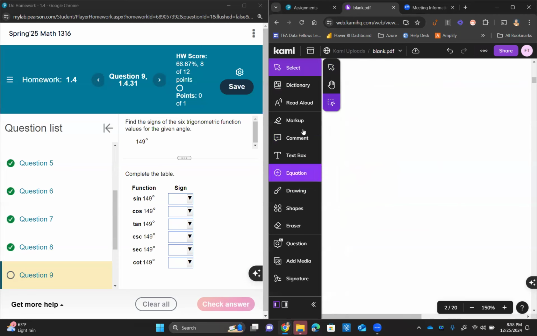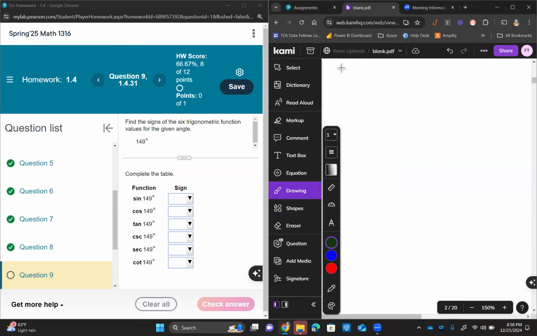So when we think about quadrant 2, because 149 degrees, this is an angle whose terminal side is in quadrant 2, and then this is the quadrant 2 region. So again, this is our cosine values. These are sine values. So that makes our sine to be a positive number because here all sine values are positive numbers.